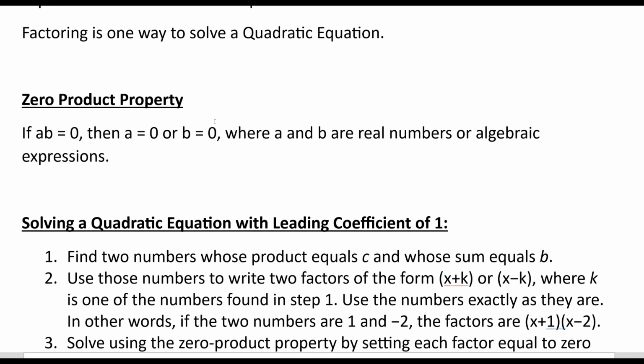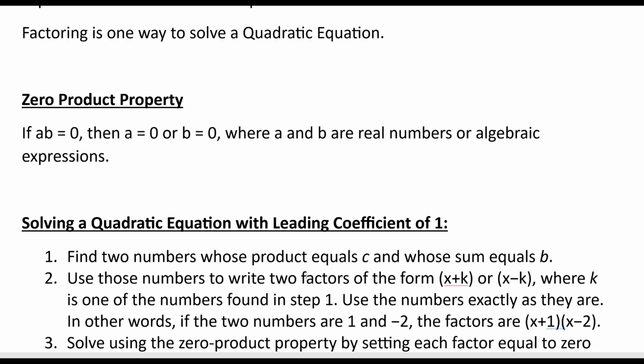Now, this is a very underrated property, the zero product property. People think, of course, if a times b is 0, then a is 0 or b is 0. That makes sense. But it really gives us a lot of power: if we can set one side equal to 0 and then factor the other side, we set each factor equal to 0.